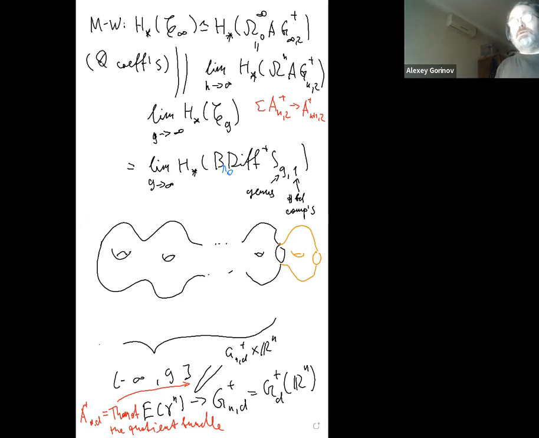Okay, well, let's try to prove the theorem. I'll go back to using the black color.